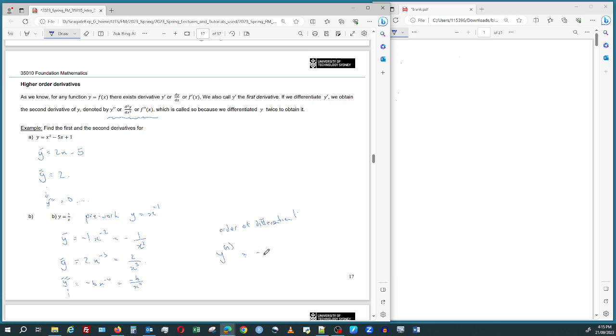It is going to be minus 1 to the n, n factorial over x to the n plus 1. So you can plug that in for any n, and you should get the same result.